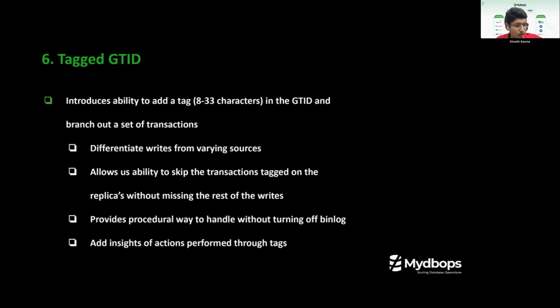If you want your replica to have more or less data, or skip certain tables, you can do it using replication filters. But what to do if you want to skip some transactions? There is no way so far, and this provides an easier way to handle things procedurally and cleanly.